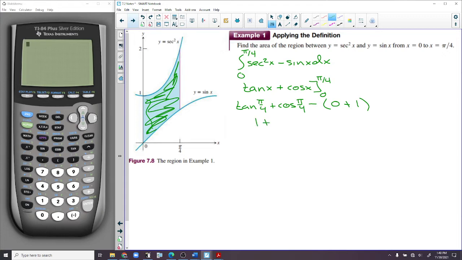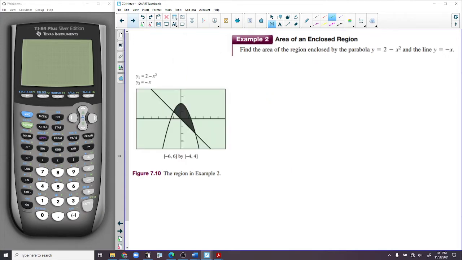So 1 plus square root of 2 over 2 minus 1. So it ends up being square root of 2 over 2 is the area. Units squared, feet squared, miles squared, whatever it is. If they don't give you units, don't worry about it. We're good there. Square root of 2 over 2. Top minus bottom. It gets more complicated than that, though.